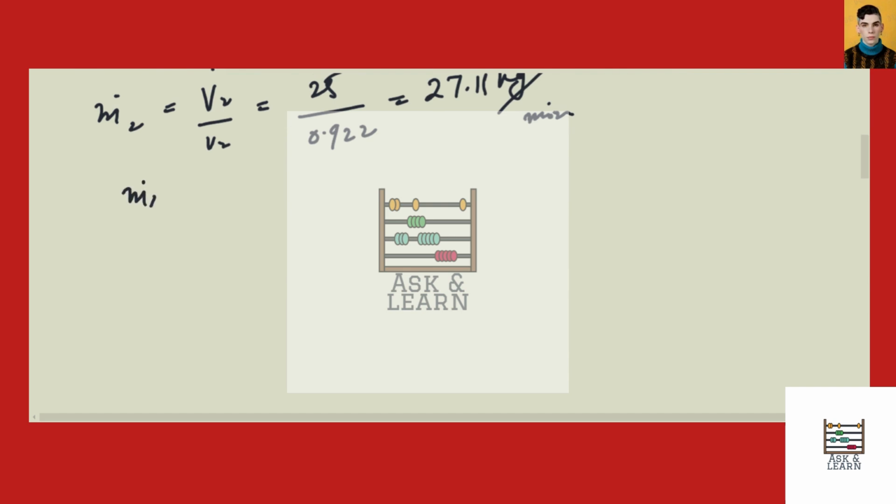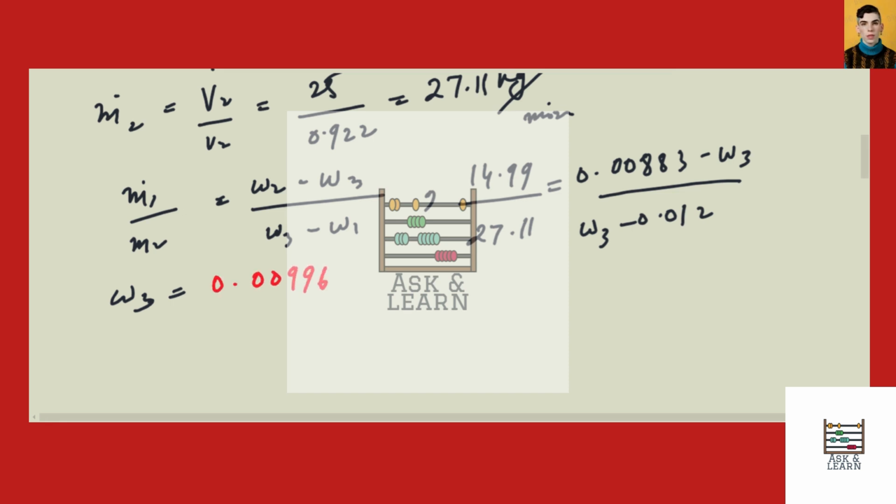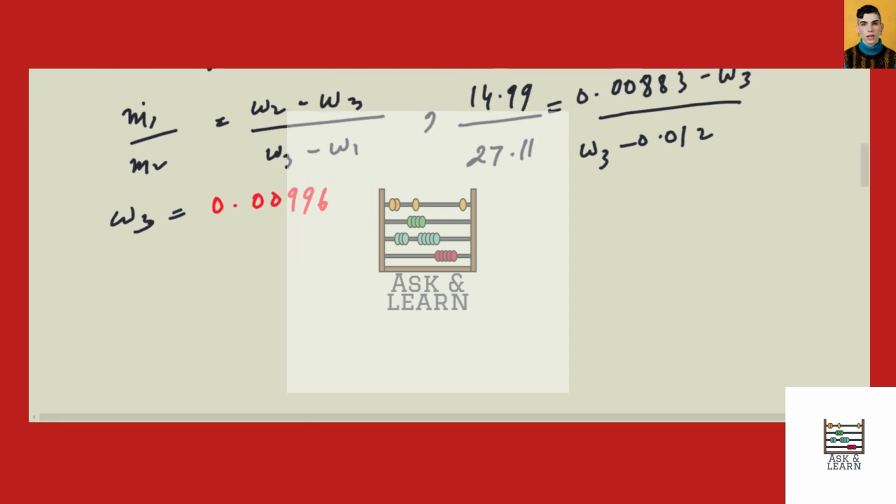So we have M1 over M2 is equal to W2 minus W3 divided by W3 minus W1, and that is 14.99 divided by 27.11 is equal to 0.00883 minus W3 divided by W3 minus 0.012. So the value of W3 is equal to 0.00996.